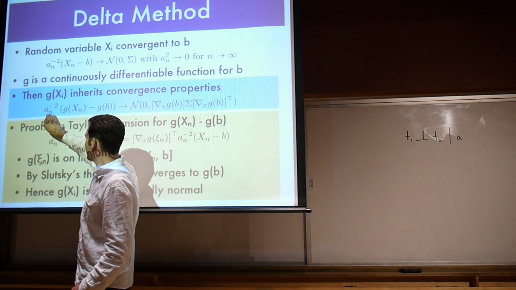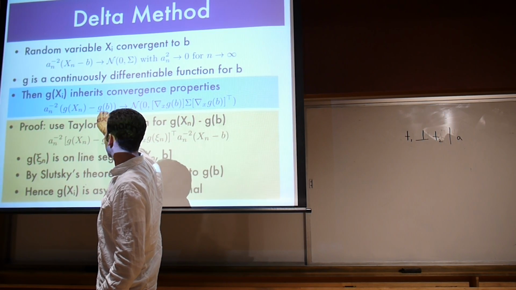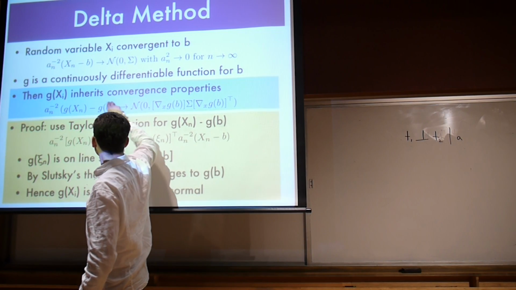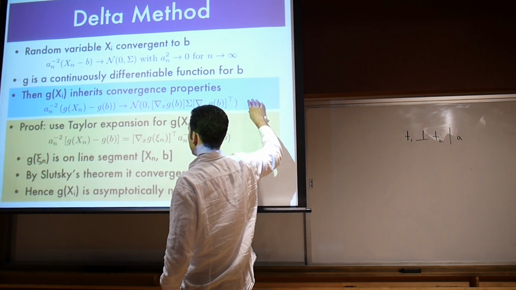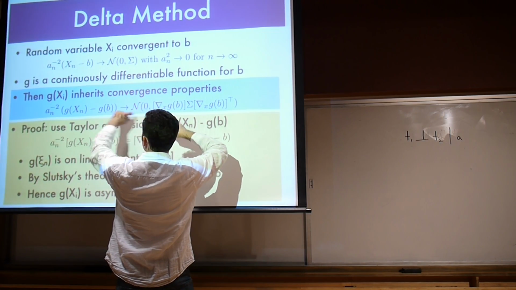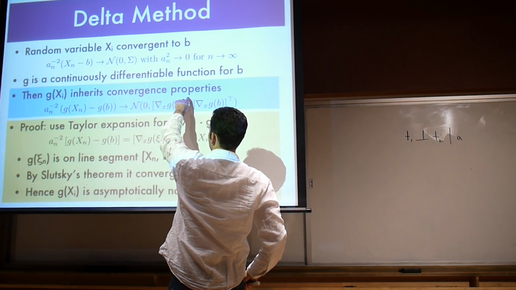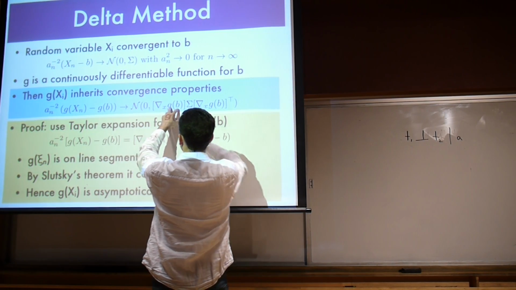So what you do is you basically study what happens. We posit that this is where it should converge to. We look at that series. So that's the claim, that basically g of x minus g of b, suitably rescaled, is a normal distribution with the same covariance matrix sigma, but then you color it by the gradient of g at b.